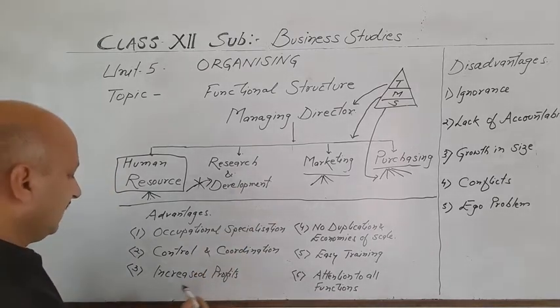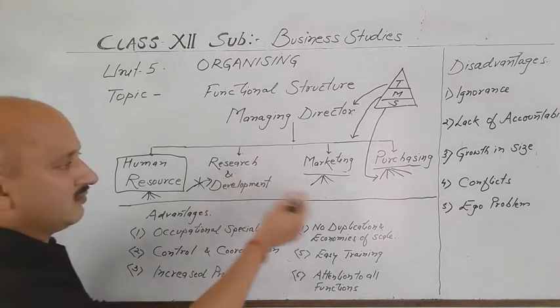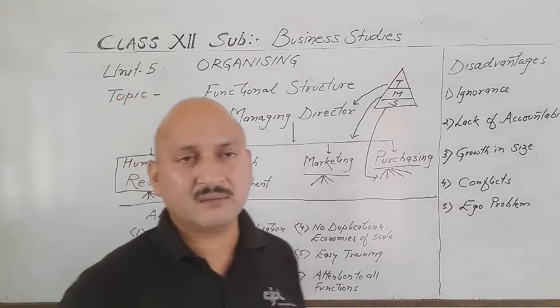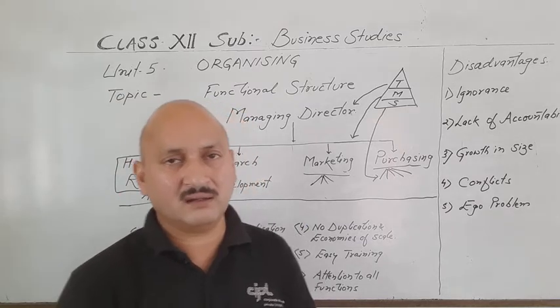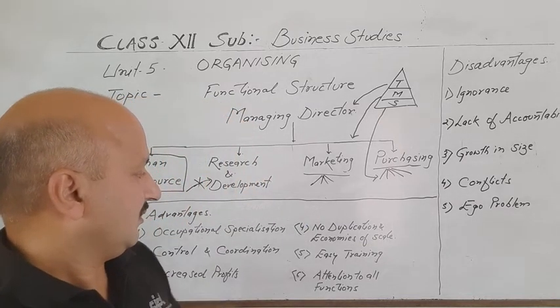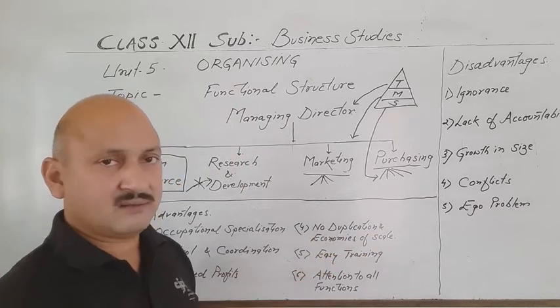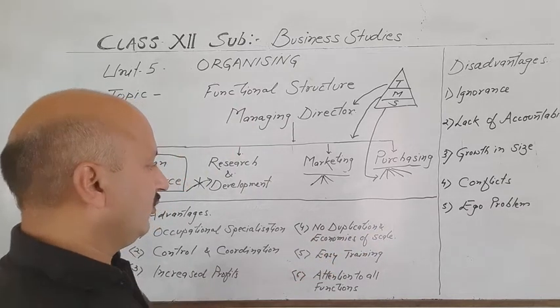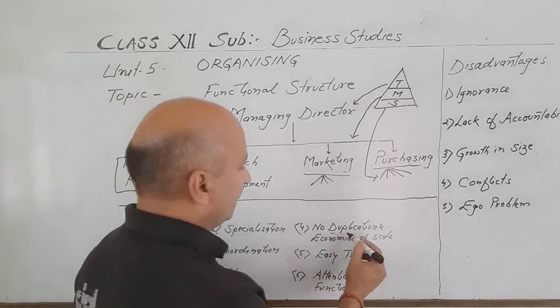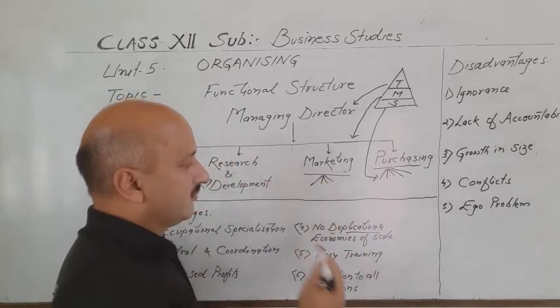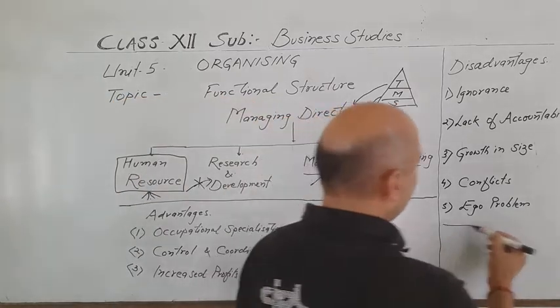The next point is increased profit. If everything is going according to plan, then profits will certainly increase. The next point is no duplication and economies of scale. Duplication means, we actually have 2 types of structure.